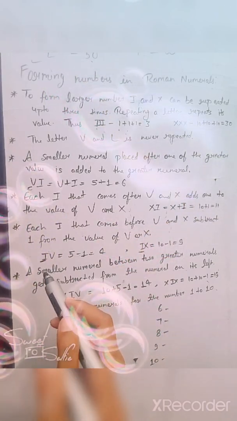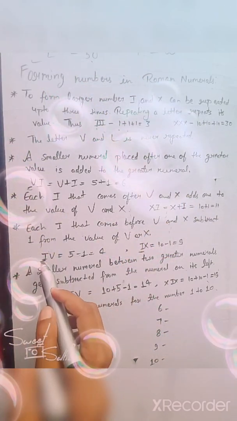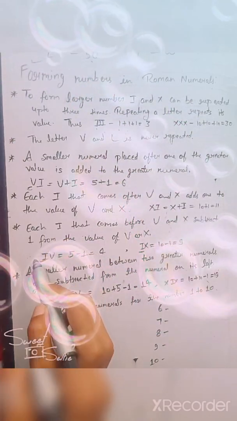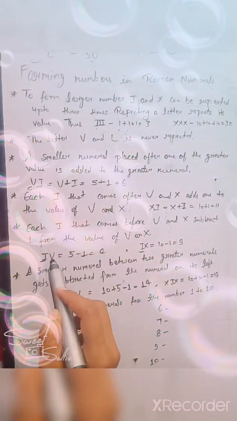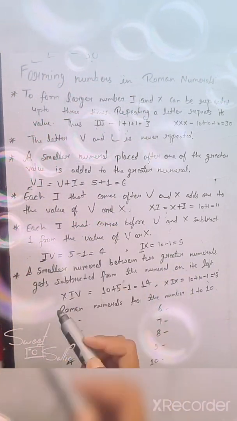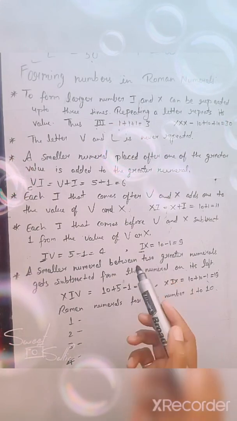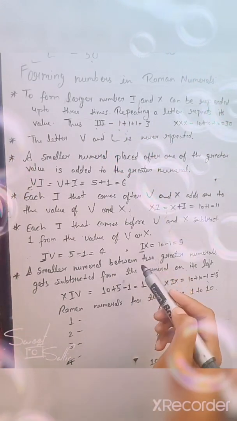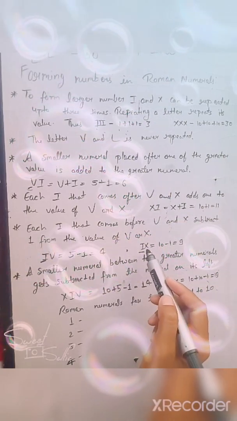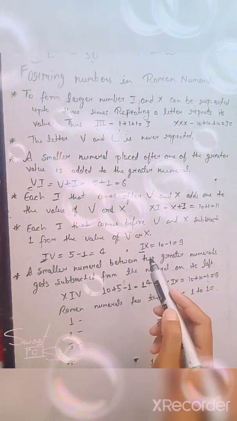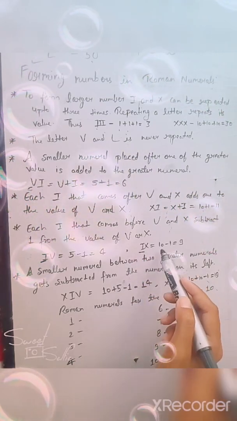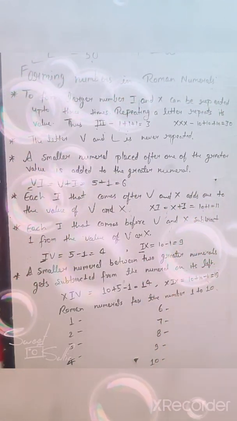So I have written here IV, means the value of V is 5 and I value is 1. So we will subtract 1 from 5. So 5 minus 1 is equal to 4. Next IX. Now here we have to subtract 1 from 10. The value of X is 10 and I value is 1. So 10 minus 1 is equal to 9.